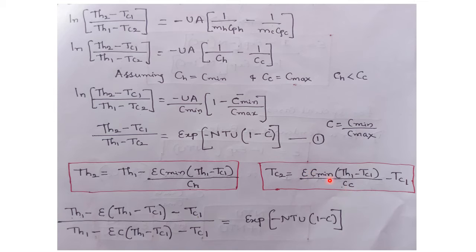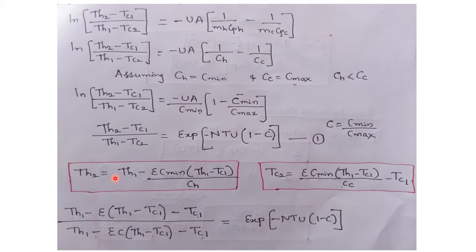C minimum divided by C maximum is nothing but the capacity ratio, indicated by C only. So this is the value of Tc2: epsilon into C in the bracket (Th1 minus Tc1), minus Tc1.